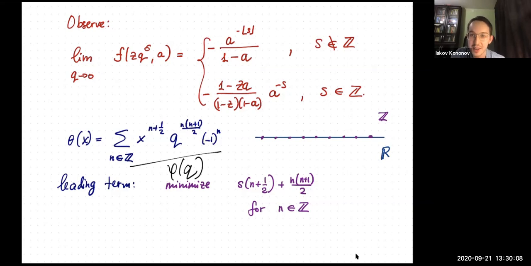If s is not an integer, then there is a unique minimum of this quadratic function over integer numbers, and that's why we get a monomial. And if s is an integer, then two subsequent integer numbers give you a minimum of this function, and that's why we get something like 1 minus za.